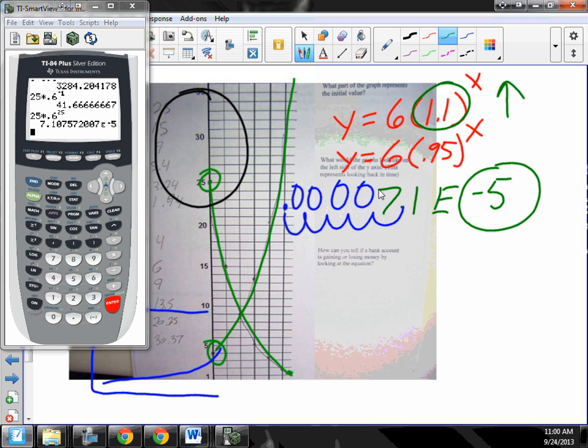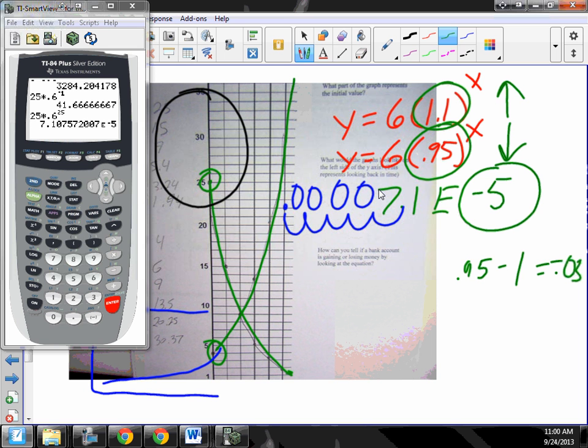How fast is it going up? 10%. 0.1 is 10%. This one is going down. How fast is it going down? So what is 0.95 minus 1? It's negative 0.05. It's losing 5%.